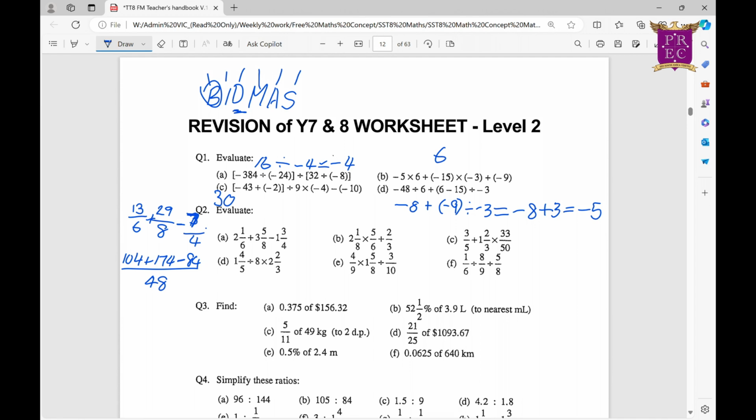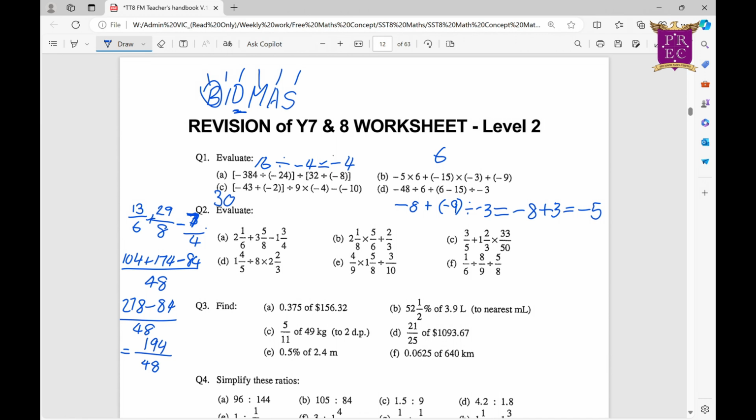174 plus 104 gives us 278. 278 minus 84 gives us, we'll just do the maths, 194 on 48. So it's 194 on 48. 48 goes into 194 how many times? I think 2, 3, 4 times.